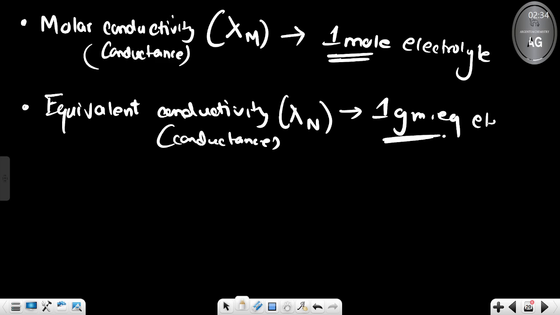For 1 gram equivalent, it is equivalent conductivity.